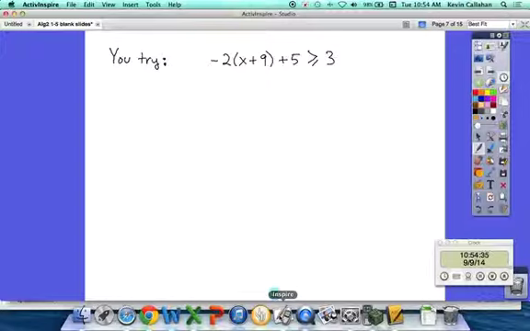What are you trying to do? Going to add 16? Or negative 2 times 9 is negative 18. Yeah. Is that a negative? I'm seeing some right answers here.